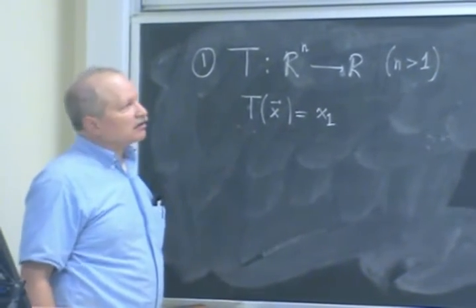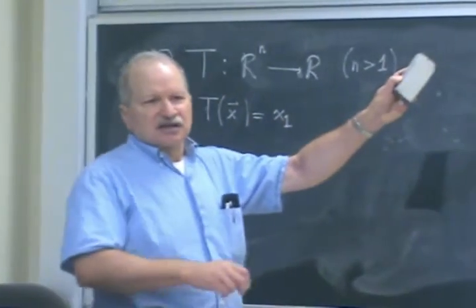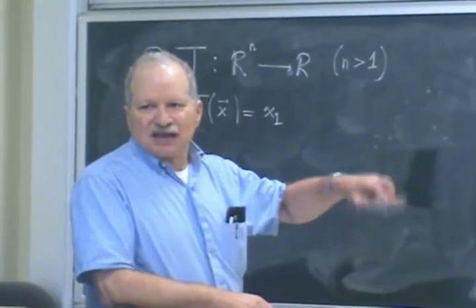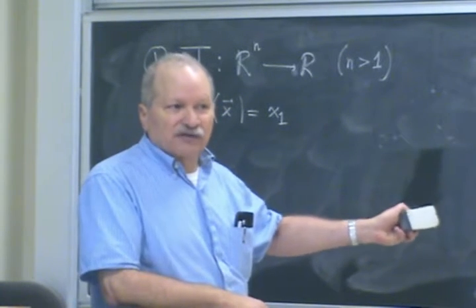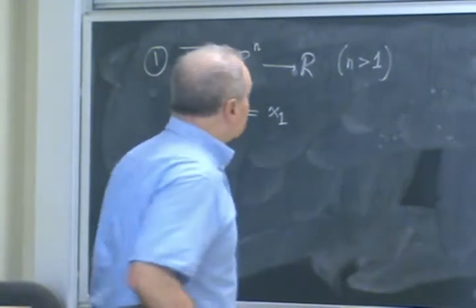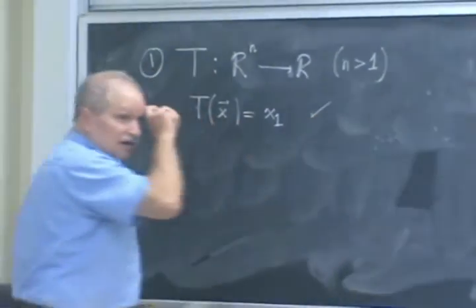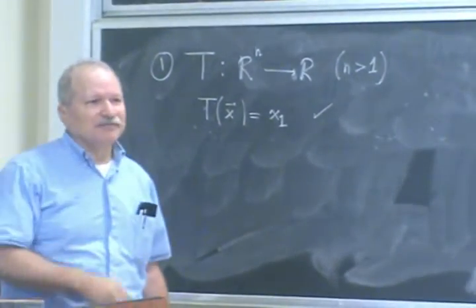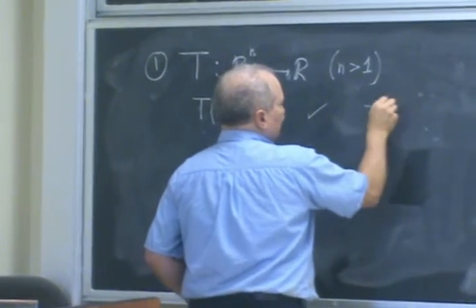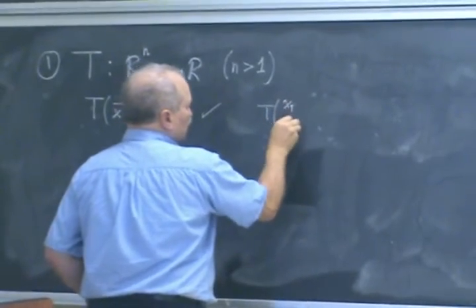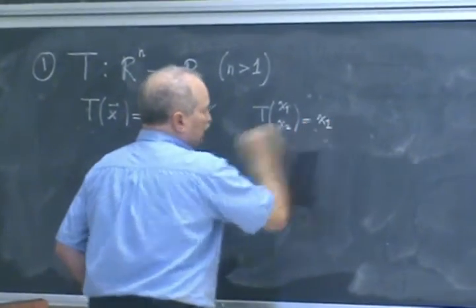Does that work? If you add two vectors and take the first component, is that the same as taking the first components and adding? Yeah. You scale the vector and then take the first component. Yeah, that works. Anyone else give me another example? Can you explain that again? Sure. So you're taking T of the vector x1, x2 here, say, and just taking x1.